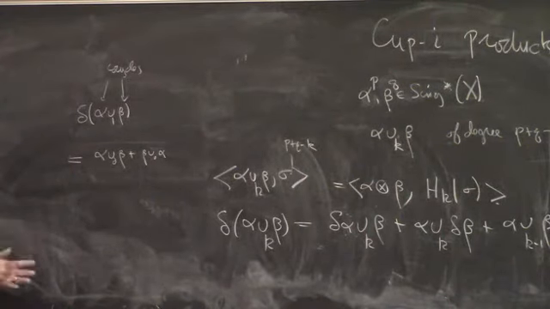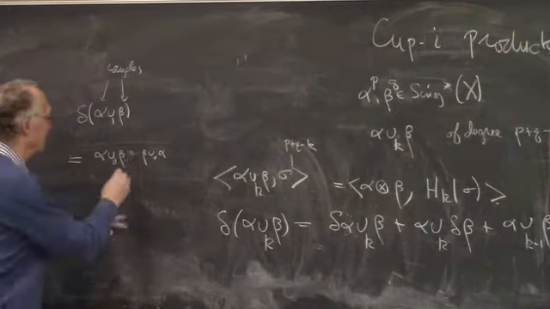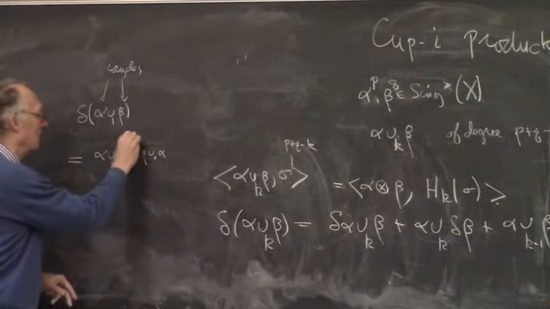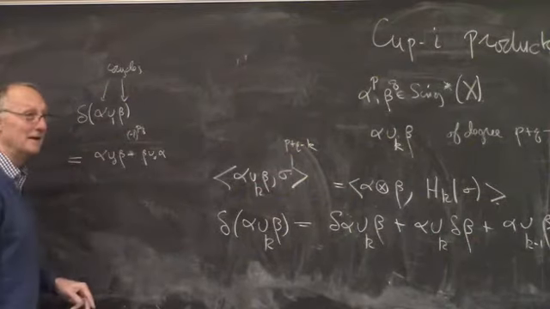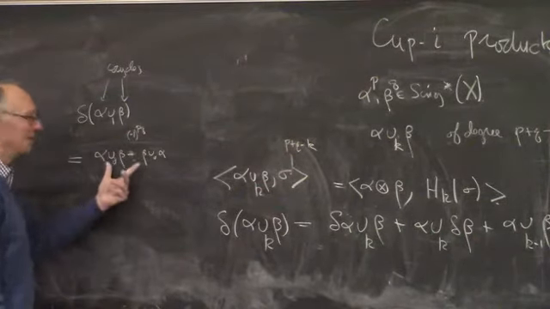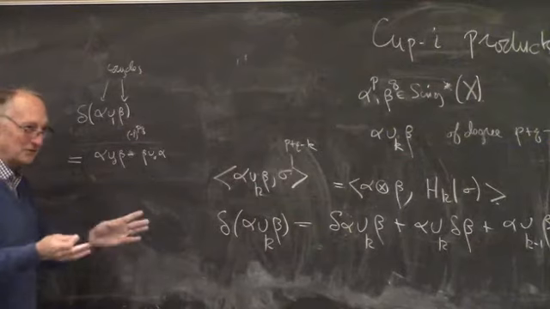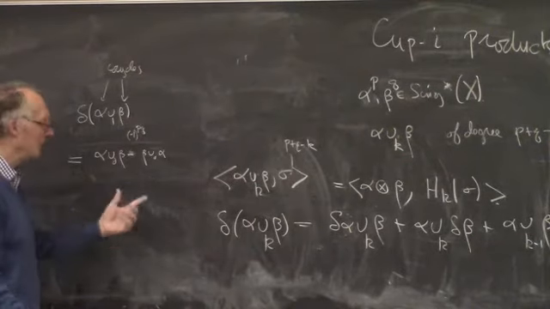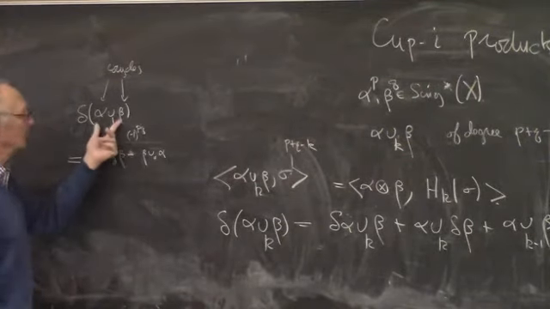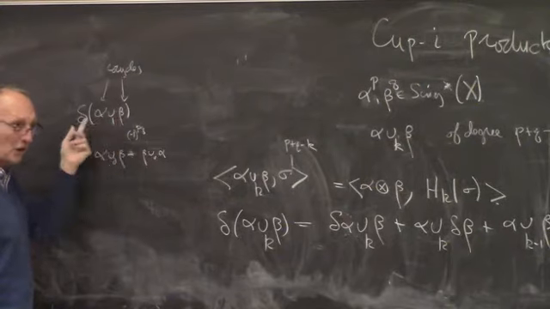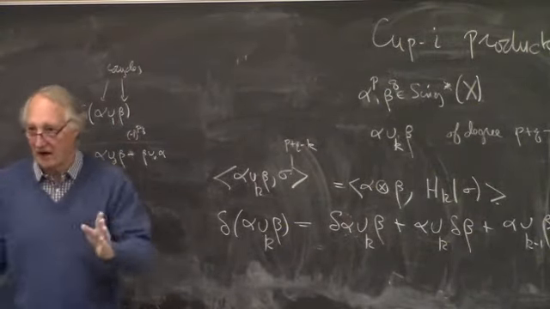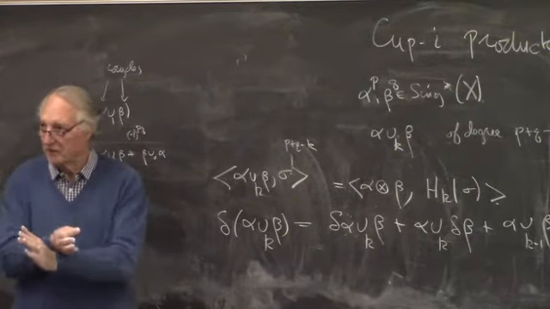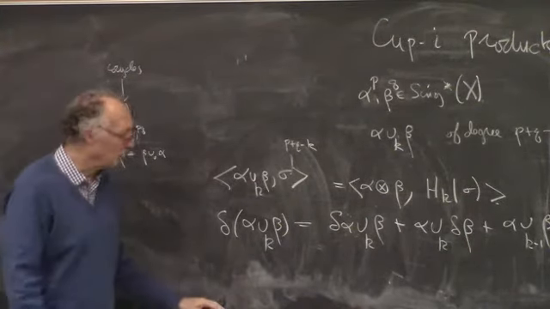Now, if I worked over the integers, it would turn out this sign is a minus, or minus 1 to the PQ. So I guess that's the sign. And therefore, this is the usual skew commutativity of cup product. It's realized by this cup 1. The coboundary of the cup 1 is what realizes the fact that the cup product is not graded commutative on the nose for cocycles.